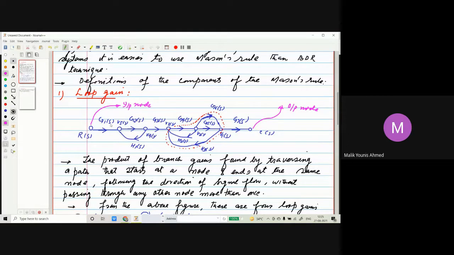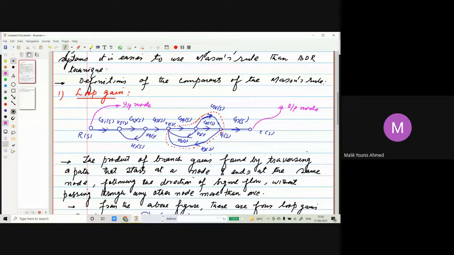Then it has to be in the direction of signal flow. So the signal flows are moving like this, from input towards the output. So this can be one path. It is following all the points which are in the definition. That is, it's a forward path. We are moving in the forward direction from input node to the output node, in the direction of signal flow, without encountering any node more than once. We are not touching any node more than once. So that's a fine definition.